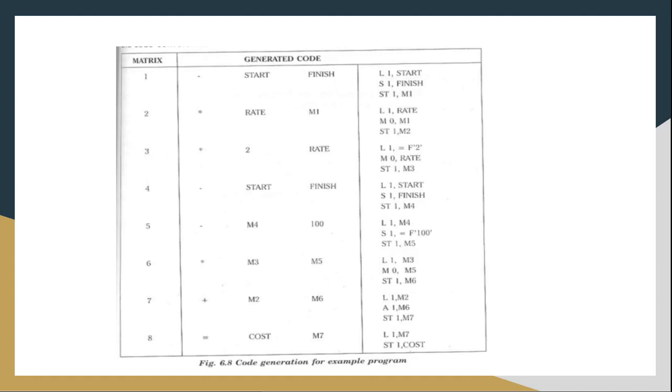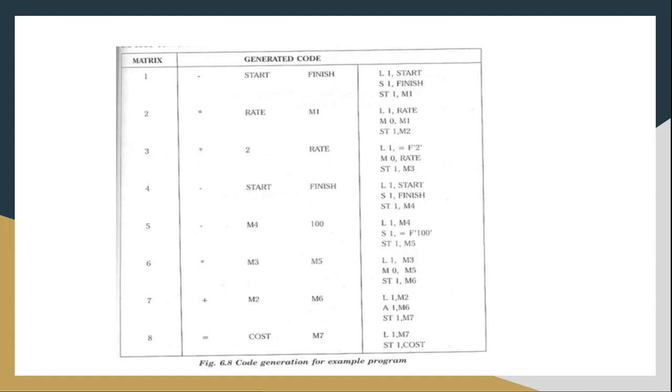First we take the value of the rate variable, and that value will be stored into register 1. Then M0 comma M1 means what? We have to multiply the M1 value with the rate. Where is the value rate? Rate is in register 1. But according to the format of the M instruction, we specify the target operand as one number less than the target register. So what is the target register?